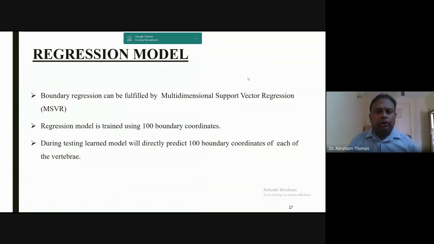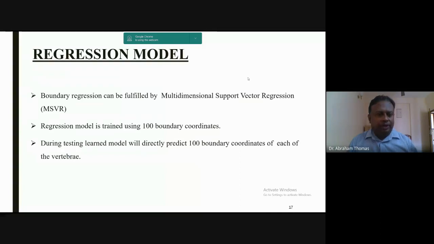Each boundary point has an x and y coordinate, so it has to be regressed into a 200 dimensional vector. The first point being x1, y1, the next being x2, y2, then x3, y3, and so on. Okay, so this is the problem which we have to solve.